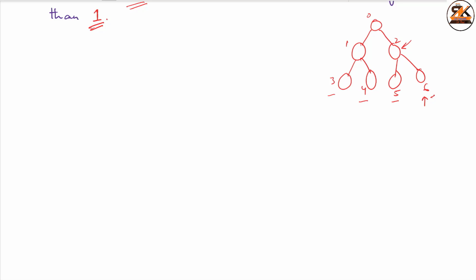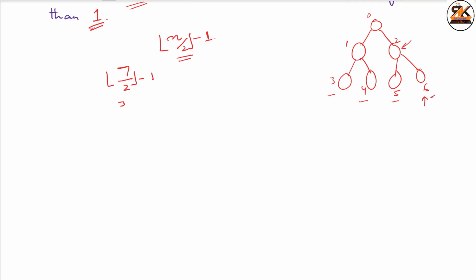Okay, and we can get this node by using a formula, n by 2 minus 1, when we start our array indexing from 0. Okay, here we have the value of n as 7. We have 7 nodes. So 7 by 2 minus 1. Okay, and we will take the floor value of this.